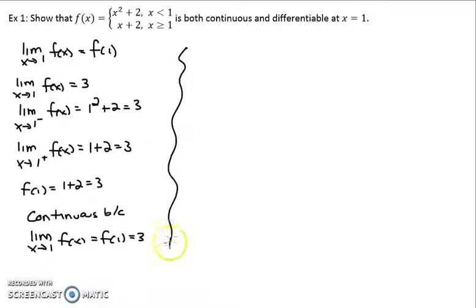So this is going to be a little bit different. If you think about what derivatives are, they're the slope. But when you think about the actual limit definition, it's really a limit. It's the limit of the slope. So we have to make sure that the limit of the slope on each side equals the same. So really what we need to look at is the derivative. The derivative on the left, or the left-hand derivative, is what it's called oftentimes.